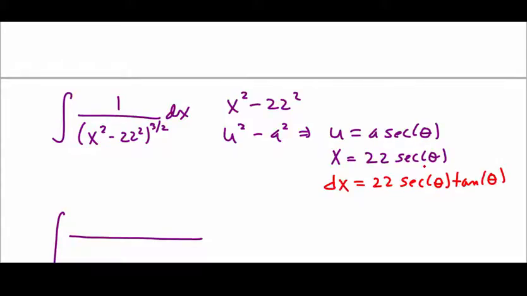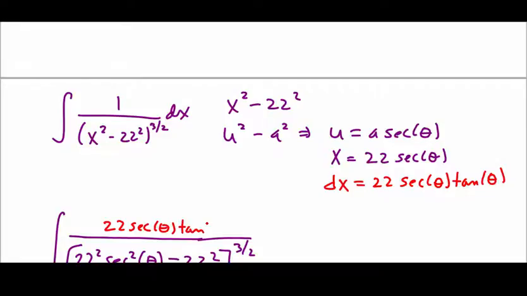X is 22 secant theta, so x squared would be 22 squared secant squared theta minus 22 squared. So all of this is raised to the 3/2. Now in my numerator, I just have my dx, which is equal to 22 secant theta tangent theta d theta.